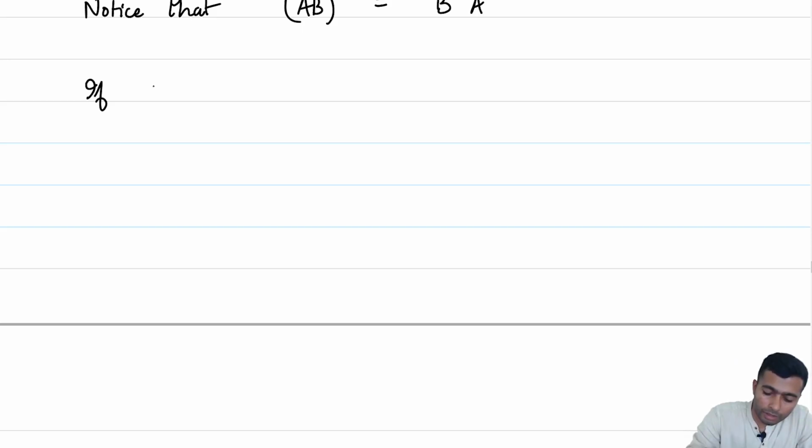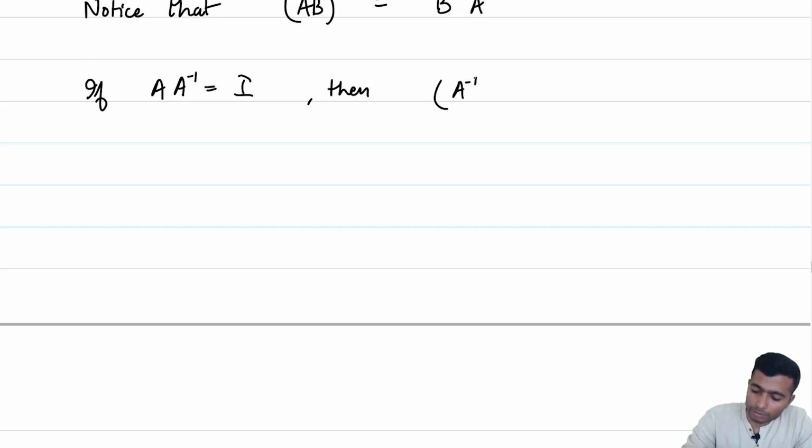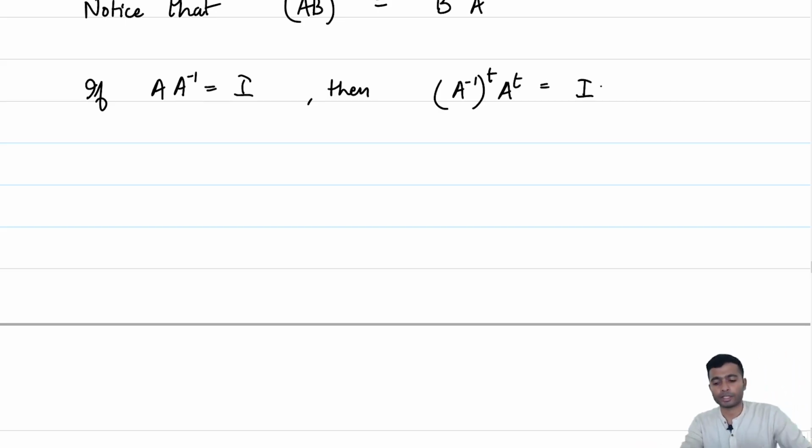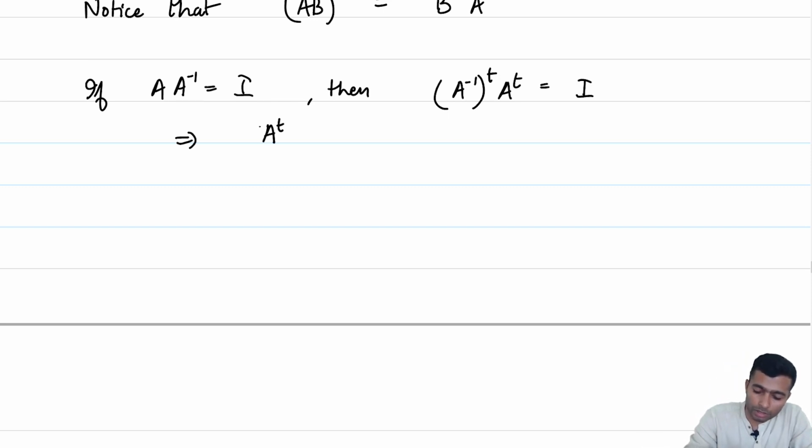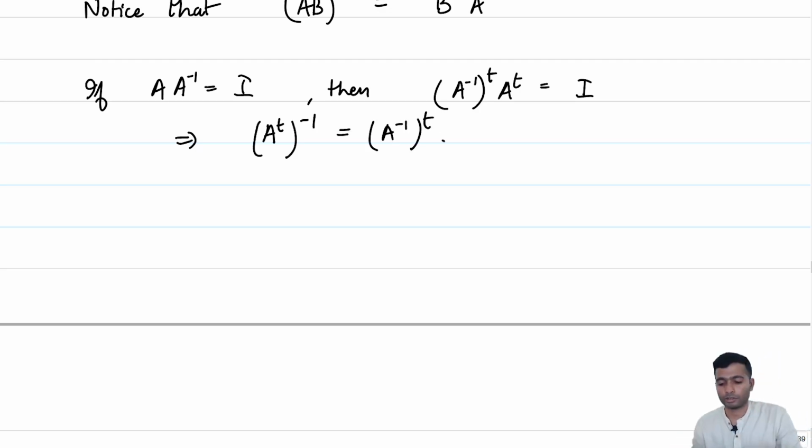So, if A inverse A is the identity, let us look at the transpose of this. Then A inverse transpose times A transpose is equal to identity transpose, which is the same as identity, and that implies that A transpose inverse is equal to A inverse transpose. So, the transpose of an invertible matrix is also invertible.